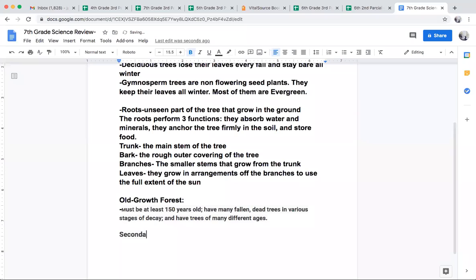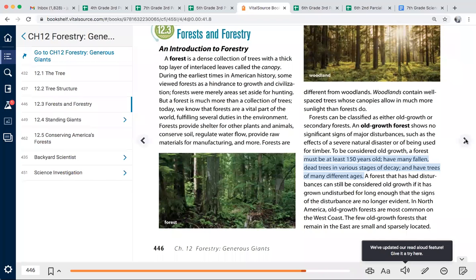We have secondary forest, which is next. All right, then look at secondary forest.